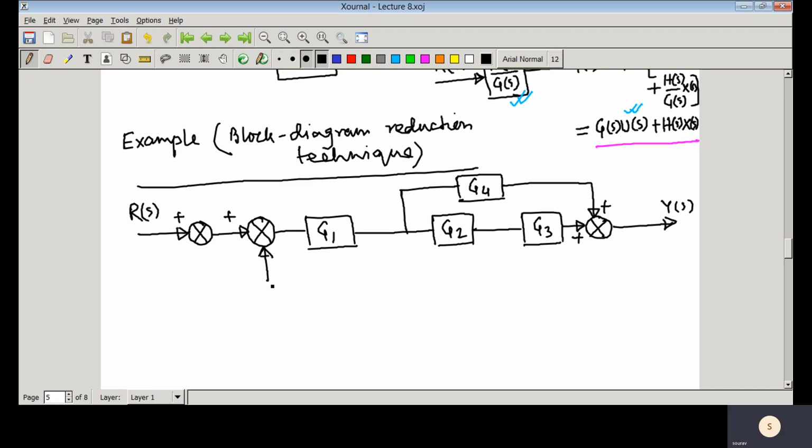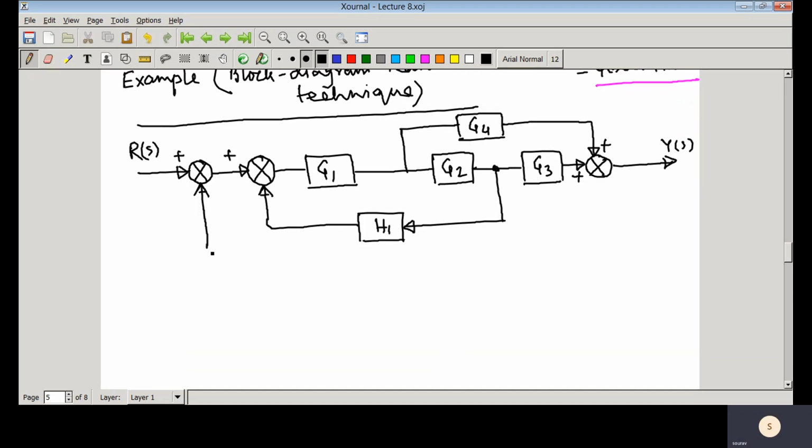Now this particular block diagram control system has two loops. One is the inner loop, which I am drawing now. So this is the tap position. It has one inner loop, and this is the outer loop.